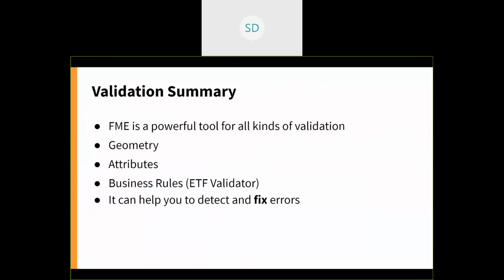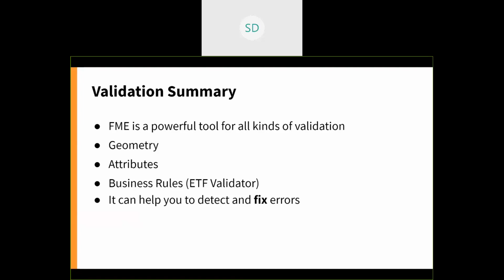To sum this up, FME provides a great number of functions to do all kinds of validation. This can be geometry, schema, attributes, or business rules like ETF. But the most important point, and probably one of the biggest advantages of FME, is that it cannot only detect these errors, but also gives you the tools to fix almost any of the problems you might discover.